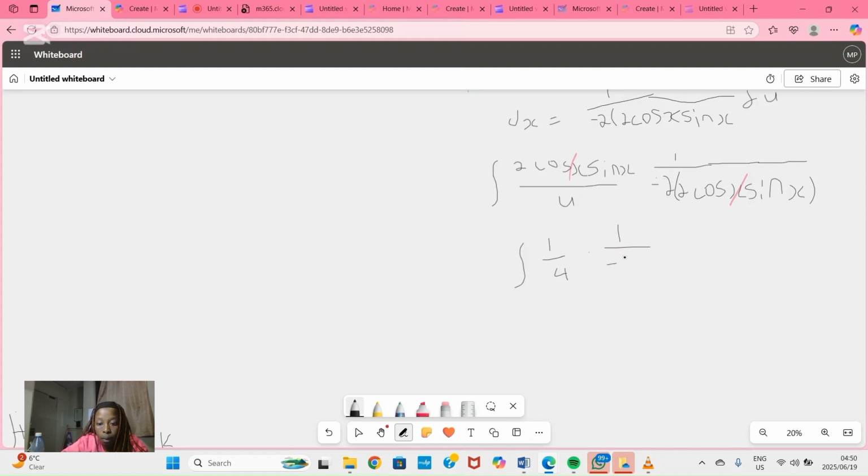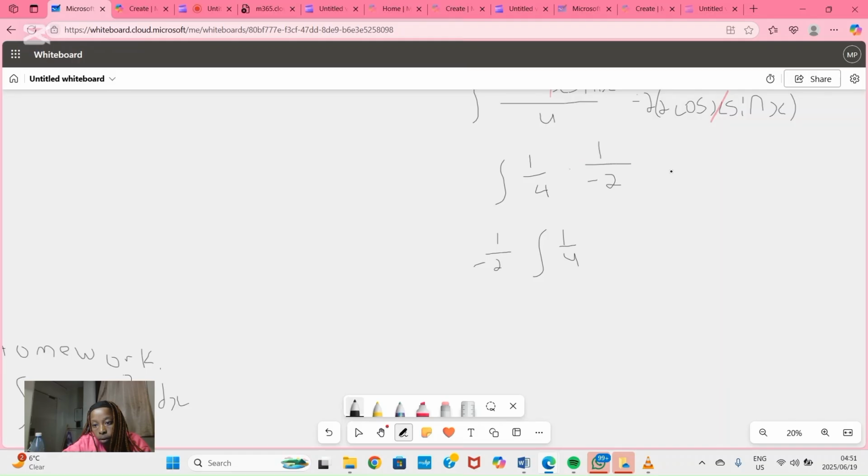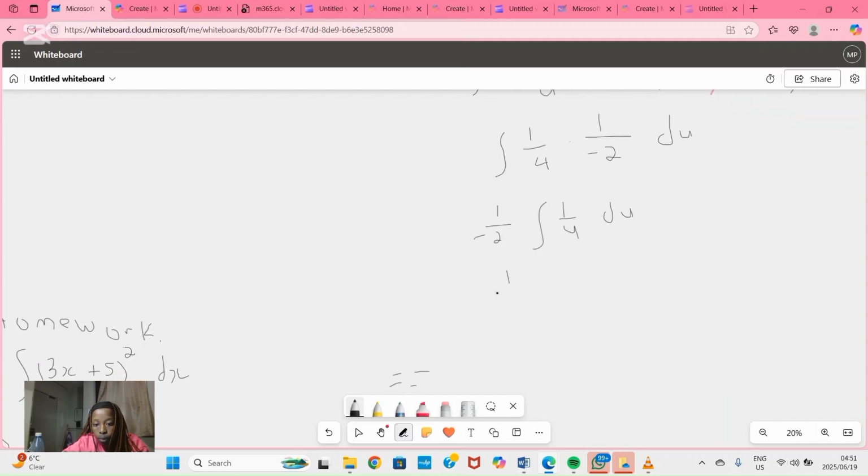So we're going to have 1 over negative 2 times the integral of 1 over u du. So we'll have this before our final answer. Integrating this, we're going to have ln u plus c.